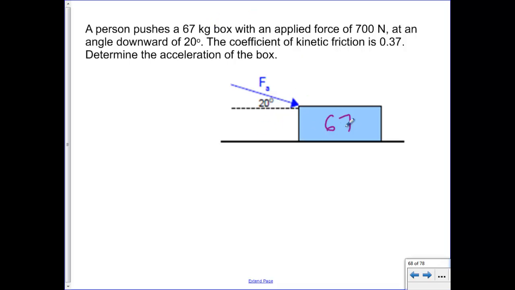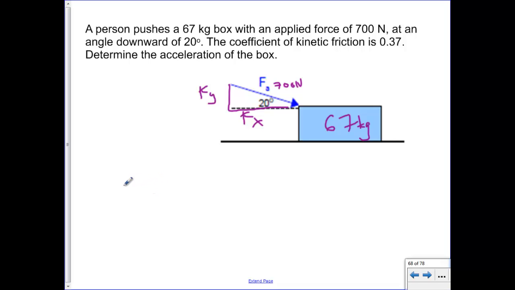You've got this box, which is 67 kilograms, and you're pushing with an applied force of 700 newtons. Is all of your 700 newtons, though, going this way, straight on? We're going to need to break this up then into an x direction and a y direction.